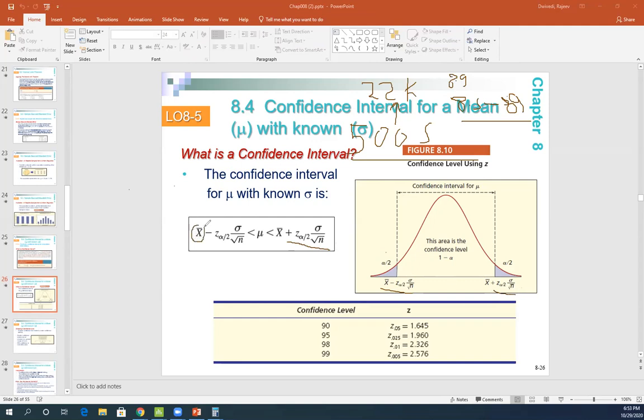The sample mean, the population standard deviation, and sample size, all three play. If sample size is large enough, this quantity becomes very small, and you have a very small range or a small confidence interval in which you can say the true population mean will lie.